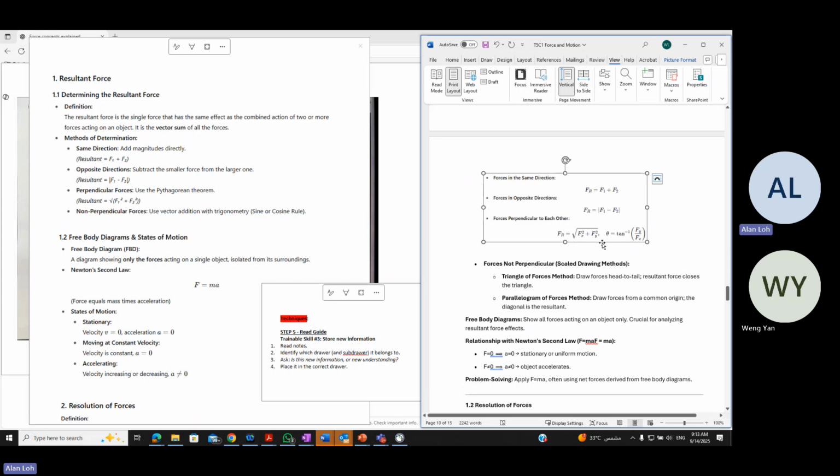Then different direction obviously depends on which angle, or the Pythagoras theorem. Perpendicular and non-perpendicular, right? So it's not so scary. If you do not have the concept, when you first look at this, it looks very scary. I don't even know what you're talking about.